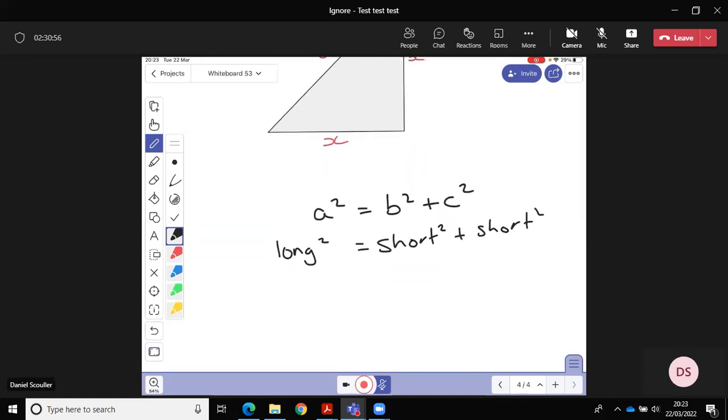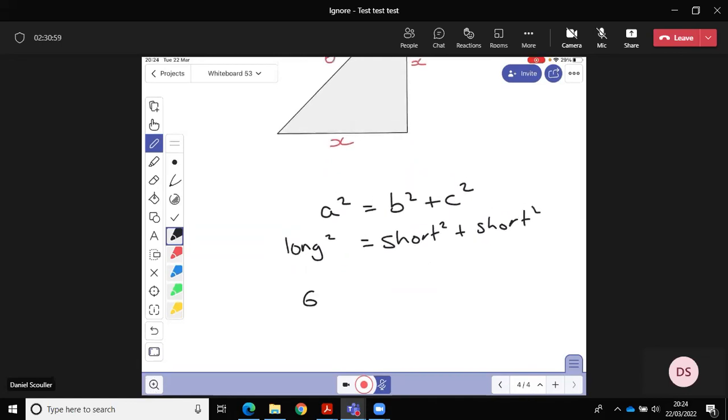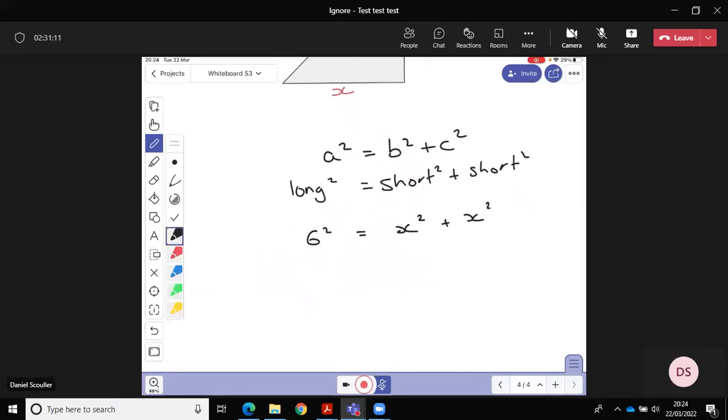Okay, so put in what we know. Well, the long side is the hypotenuse, 6 squared. Short side is x centimetres long plus x centimetres long, squared. 36 is equal to x squared. So they're asking for it in terms of x. So you want to isolate x.